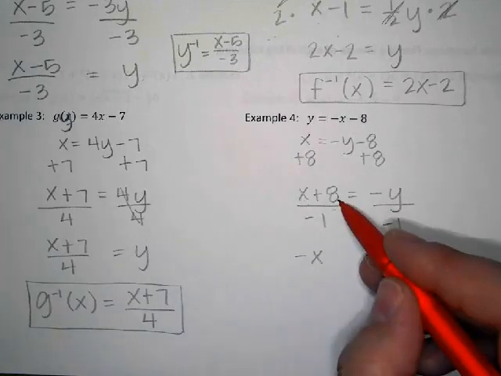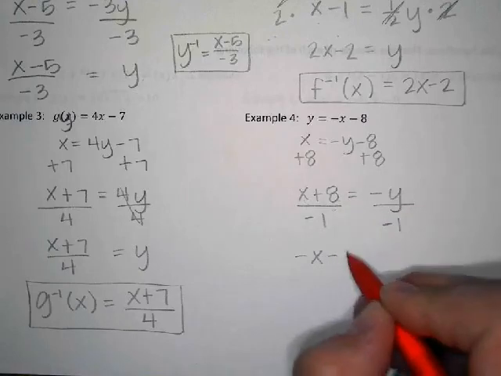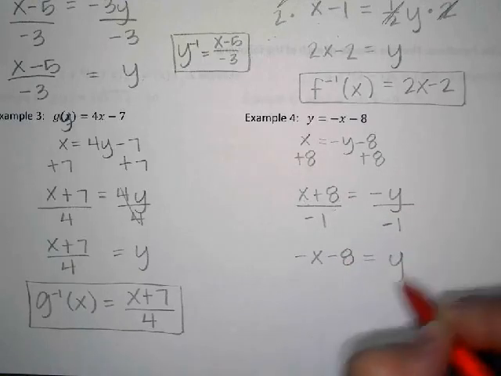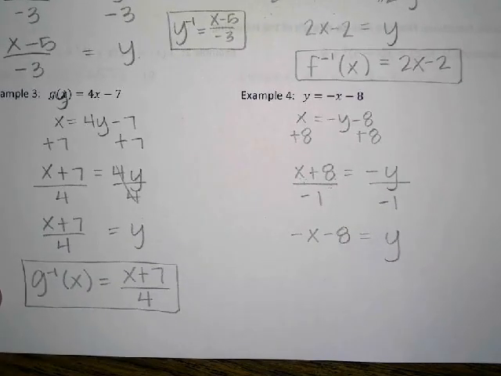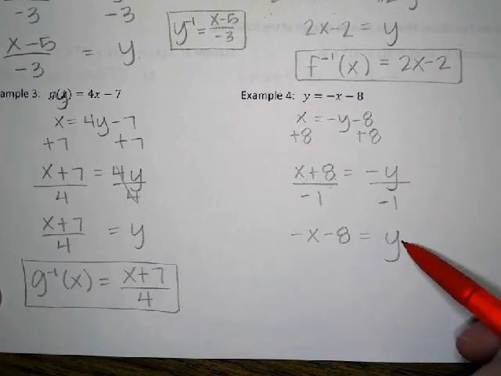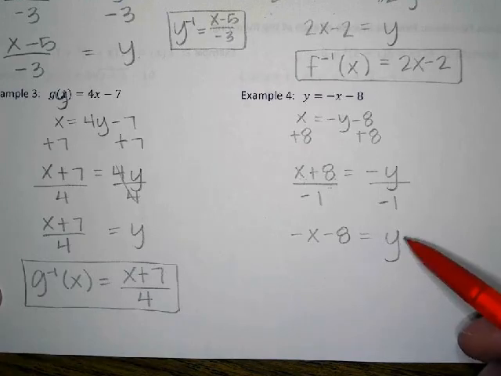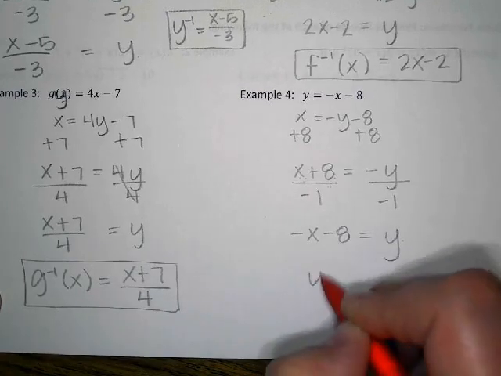Okay, and the y is all alone. Do we leave it as just y? No, we have to have special notation. It's the inverse, right? So now we say y inverse is negative x minus 8.